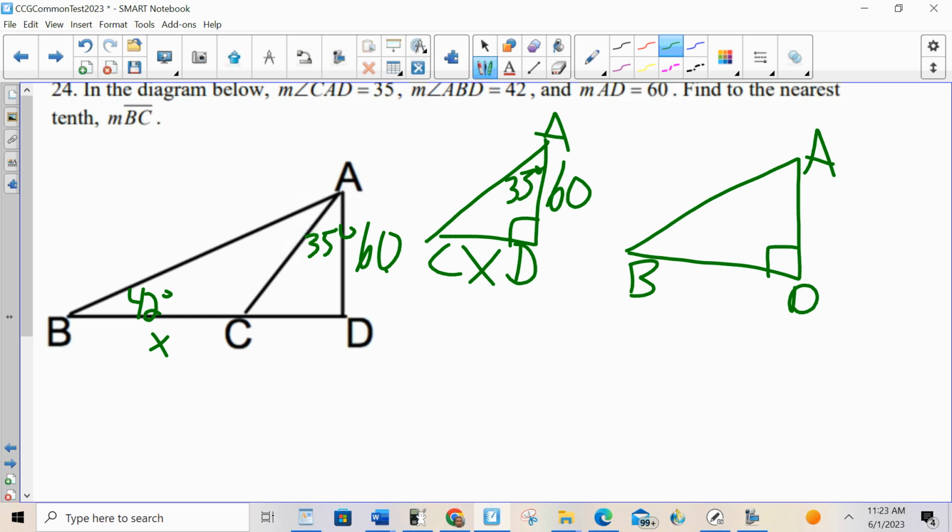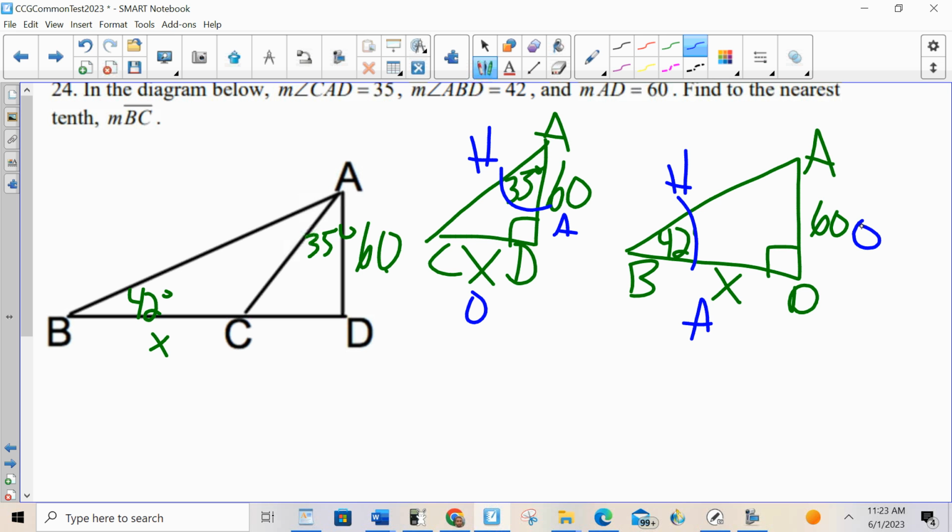And for the big one, I've got a 42, I've got 60, and I'm finding the bottom. So, H, A, O, H, A, O. This one is A and O, tangent. This one is O and A as well, tangent.